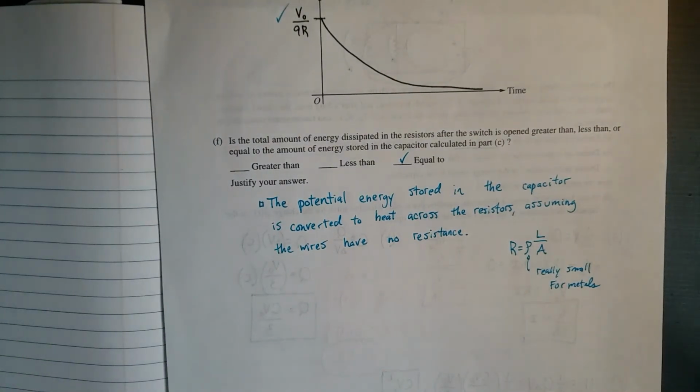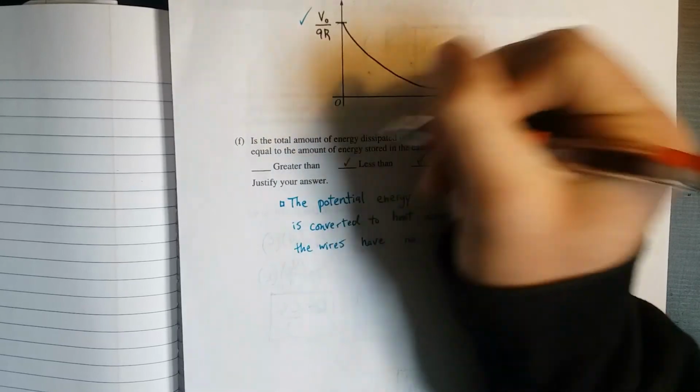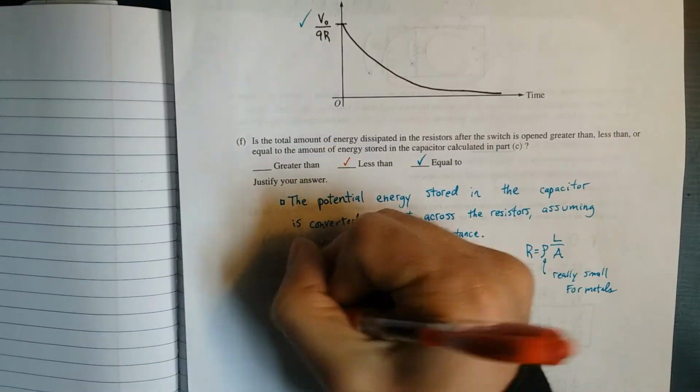The wires do heat up a very little bit, just not nearly as much as the resistors do. Probably 99.9% of your energy from the capacitor is converted into heat across the resistors, but technically, I guess that does mean less than.